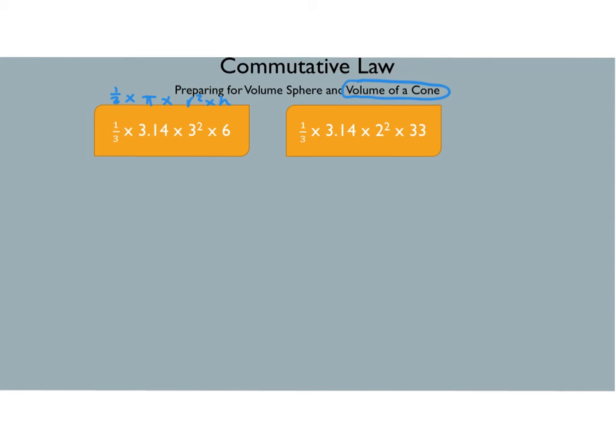Looking at this question, I can see everything's been multiplied, but for this one there's a little bit more to think about because we have this squared symbol up here. We don't have brackets. O is for orders. That squared is an order.